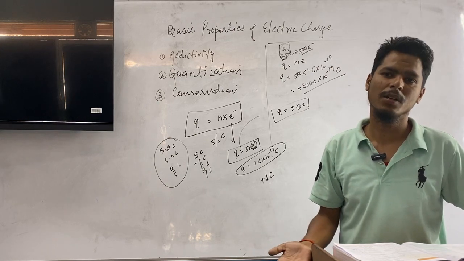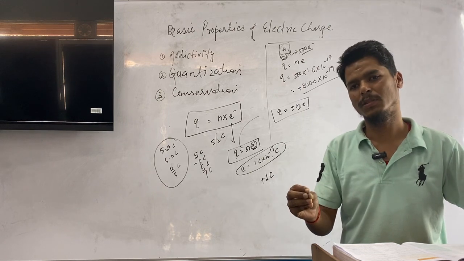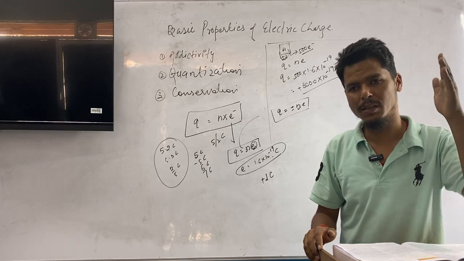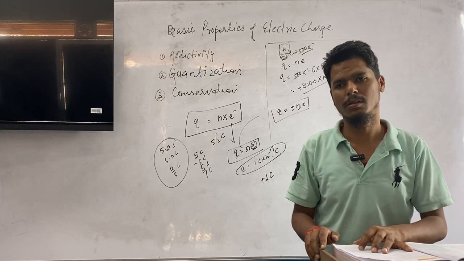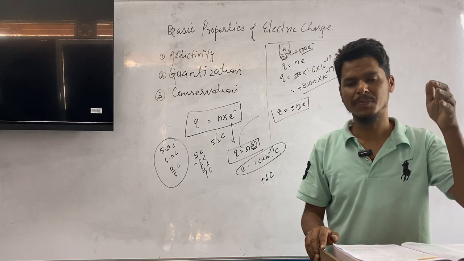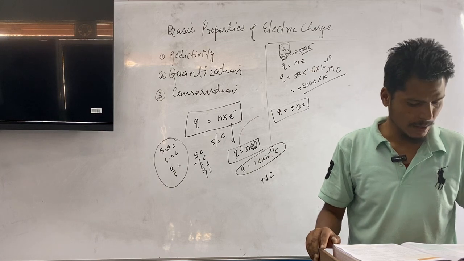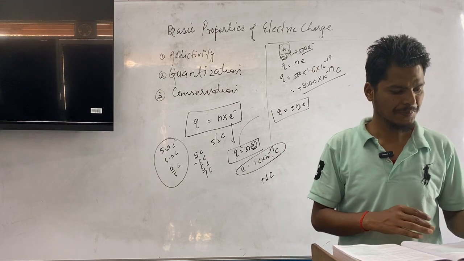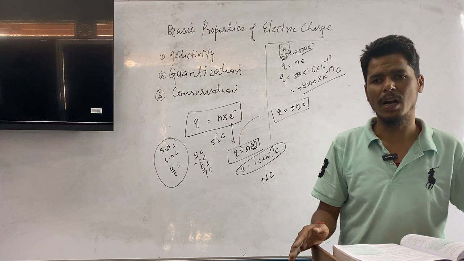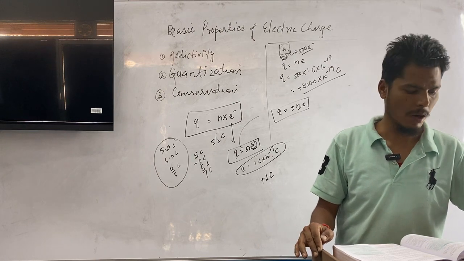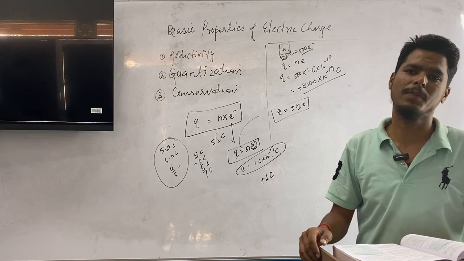Similarly, this is the same theorem. Charge can neither be created nor be destroyed. You can write this down, please write down: the charge can neither be created nor be destroyed.